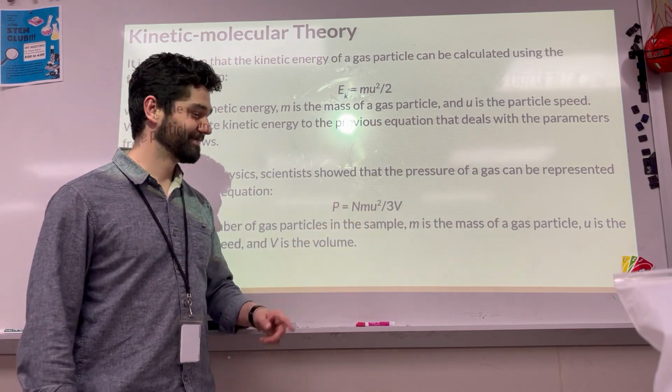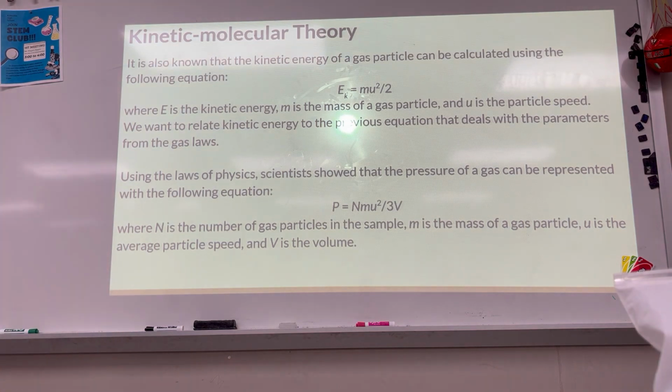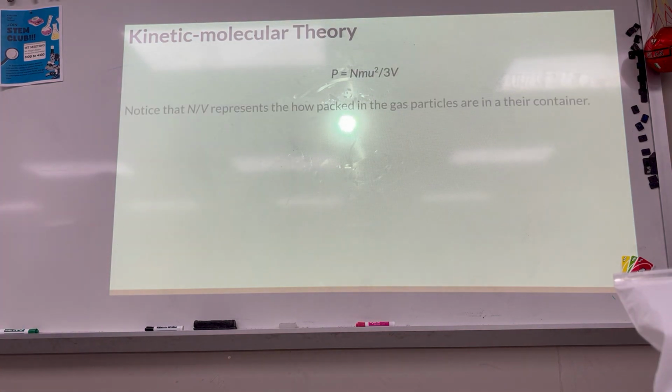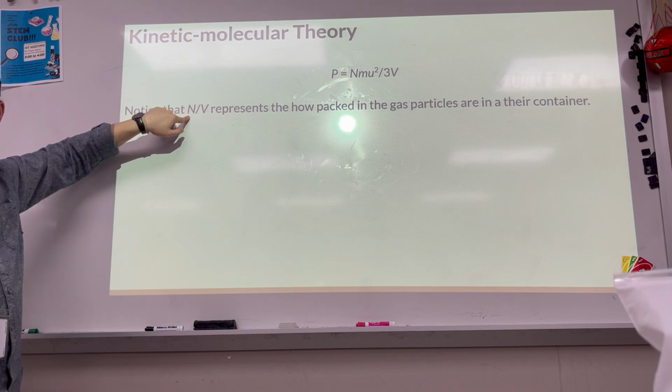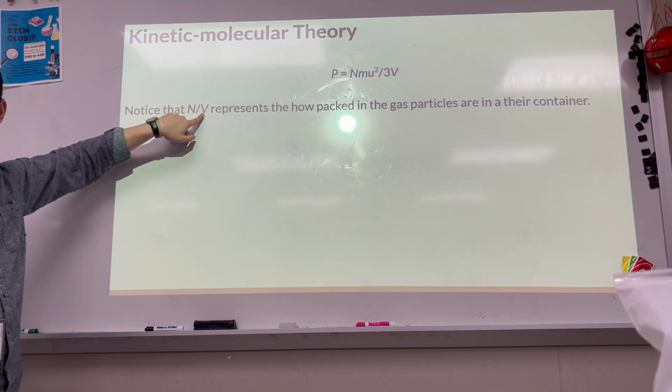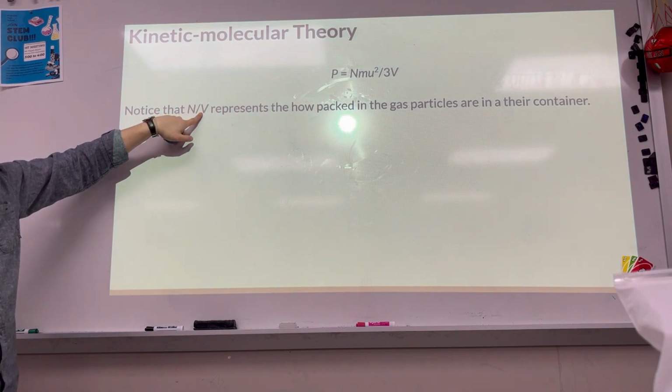Okay, so if we're looking at this equation, concepts. Don't write this down. I just want you to think about these concepts, okay? N over V, number of particles per unit volume, is kind of like density, yes? How many particles do I have in a certain space?